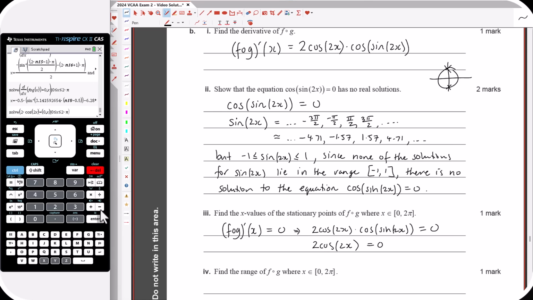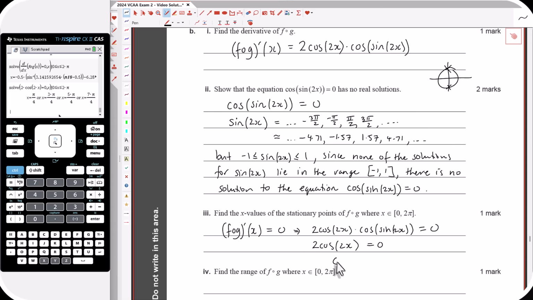I added a bracket. There we go. So I tried to edit that one. Okay, so that's the equation. Yeah, okay, I think that's it. All right, and so when we do that, we get our solutions. X equals pi on 4, 3 pi on 4, 5 pi on 4, 7 pi on 4.